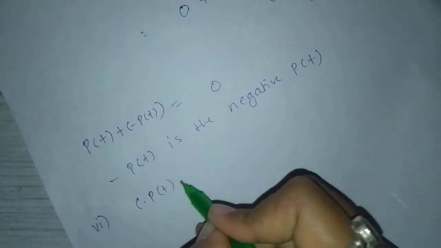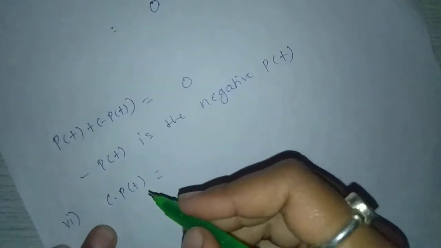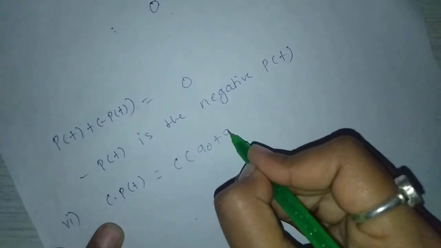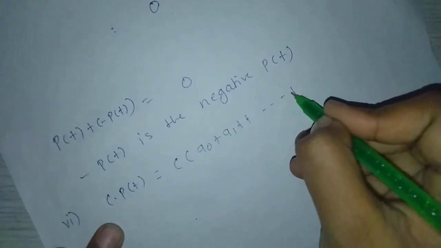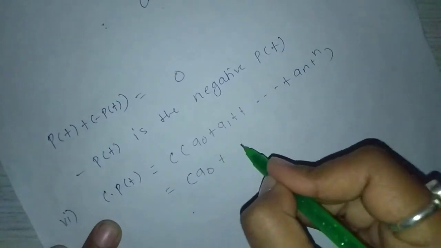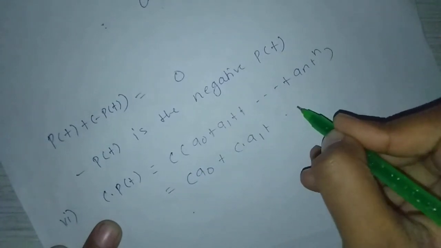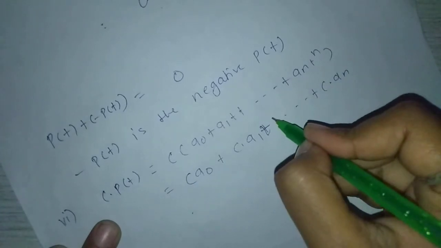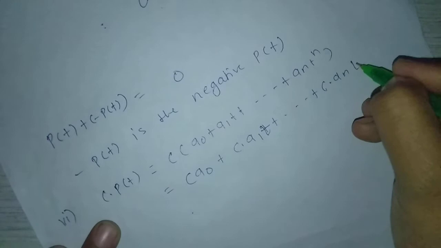Next property, scalar multiplication. C into P of t, C is a scalar which belongs to R. C into a naught plus a1t plus and so on plus an t raised to n equal to C into a naught plus C into a1 t plus and so on, C into an t raised to n.